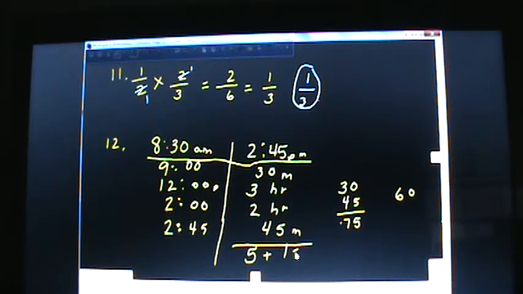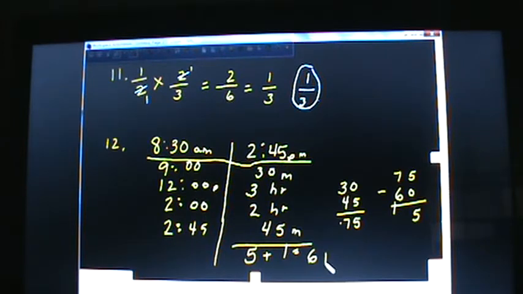To make it 6 hours. As you can see, I'm still struggling. Okay, so now if I subtract the 75 from 60, I have 15 minutes left over.